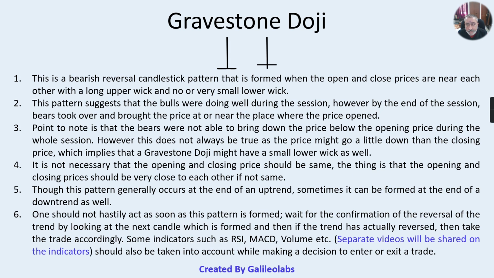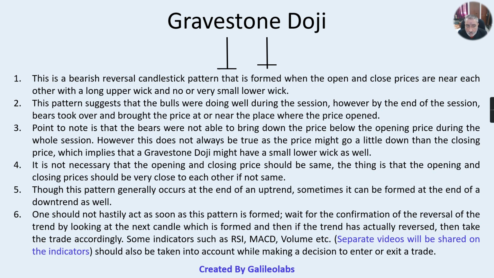Now there are some indicators also, like relative strength index or RSI, moving average convergence and divergence, which is also called MACD, and volume, and some other indicators. Separate videos will be shared on the indicators during the course of this program.